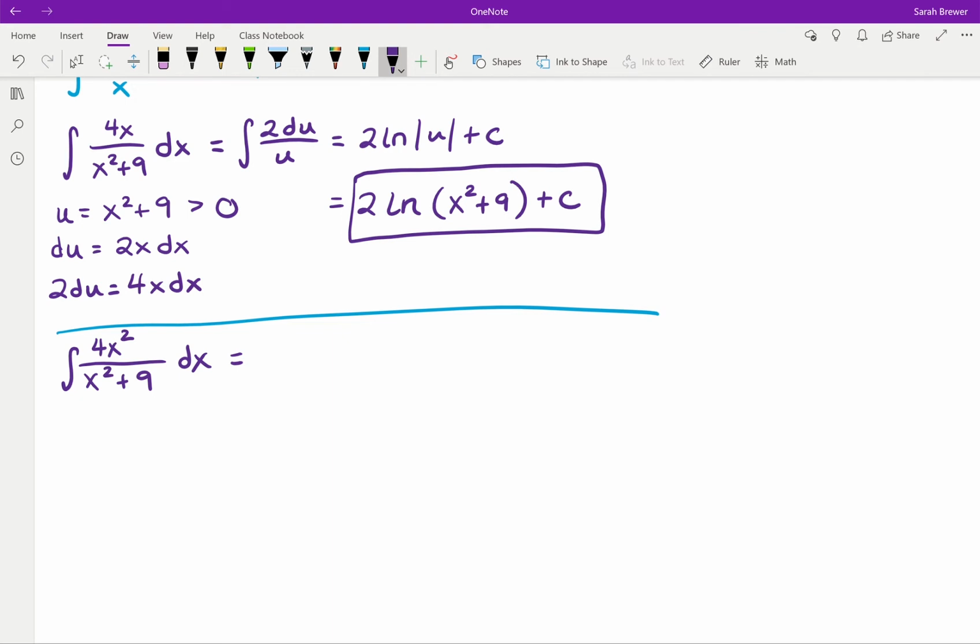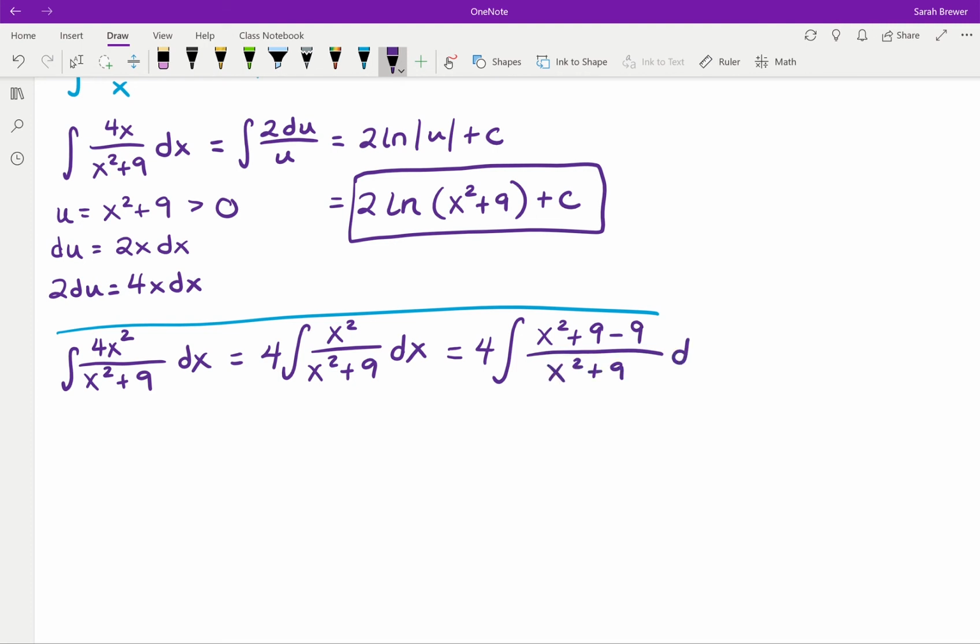So I'm going to start by pulling that 4 out in front. So I'm going to write this as 4 times the integral of x squared over x squared plus 9 dx. And the little algebra trick that I'm going to do is just the trick of adding 0. And so I'm going to write this as 4 times the integral of x squared plus 9, not minus x, minus 9 over x squared plus 9 dx.